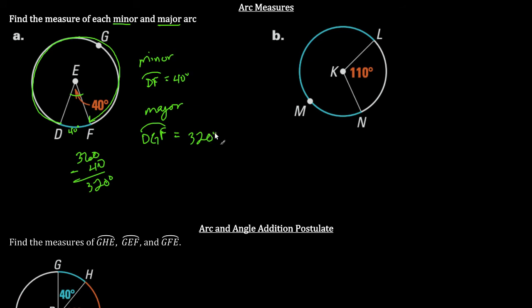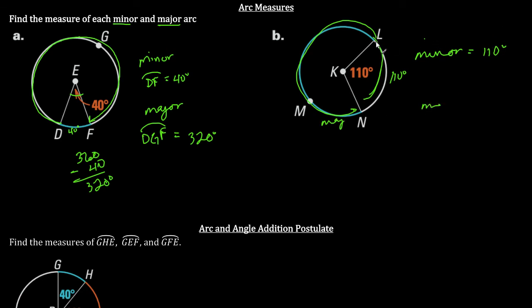320 degrees. So let's do minor over here. Minor would be the smaller one, which is 110 degrees, right here. Remember that? 110 degrees. And this would be our major one. Let's not forget the name.